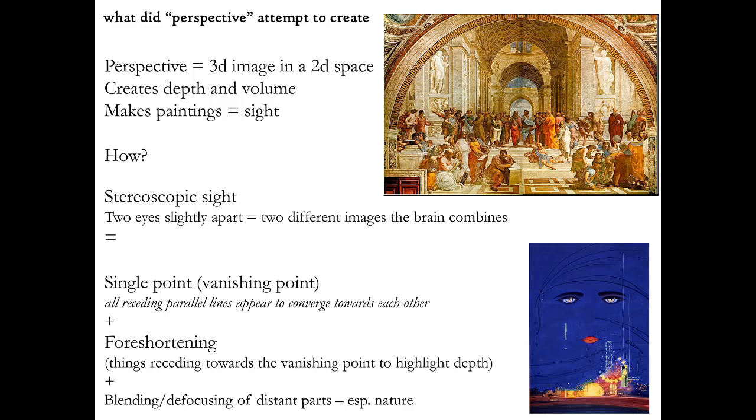That is called stereoscopic sight. Two eyes that are slightly apart. So how do you see? You are seeing right now, you don't know this, but you are seeing two different images. Your left eye and your right eye see the world differently. They are separate. Now, what your brain does is combine them.